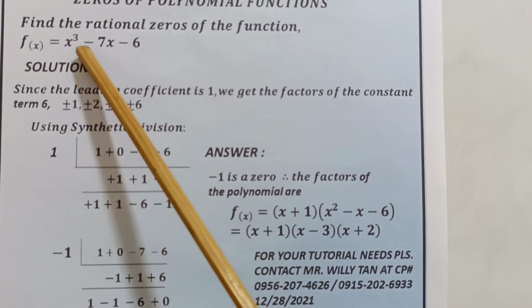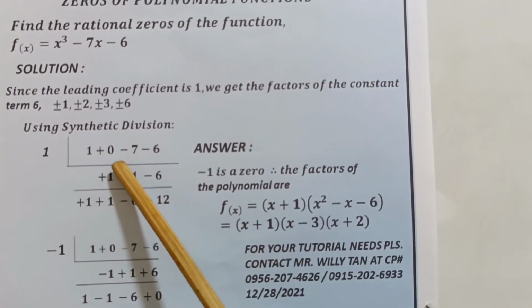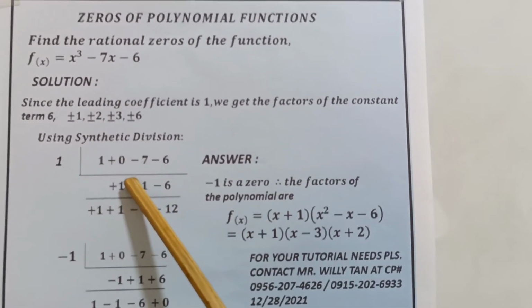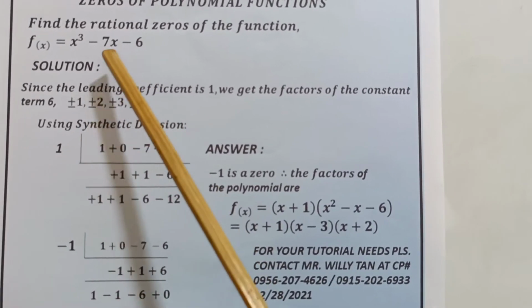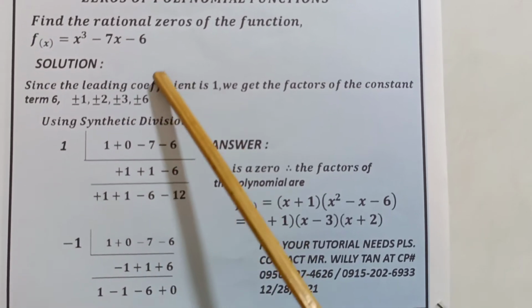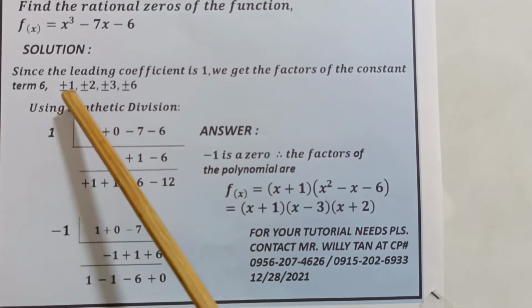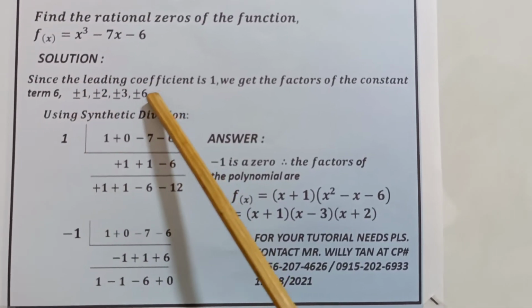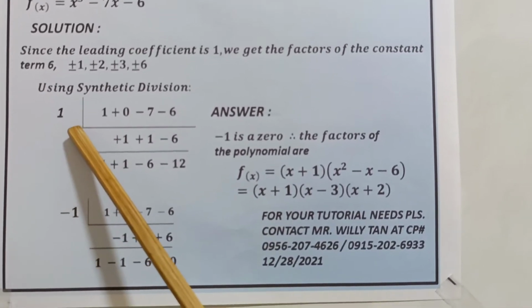Since there is no term for x squared, we supply it by substituting 0 for the coefficient of x squared. And we copy the coefficient of x, which is negative 7, and the constant term negative 6. Since we have these factors, first we're going to try positive 1.